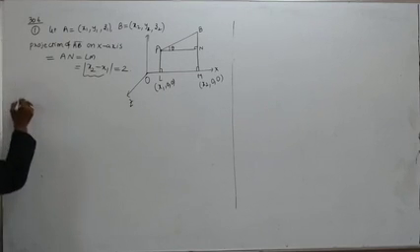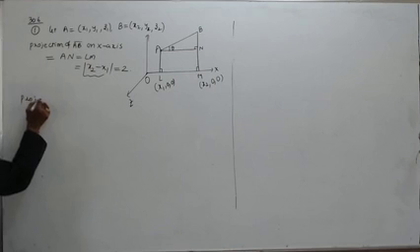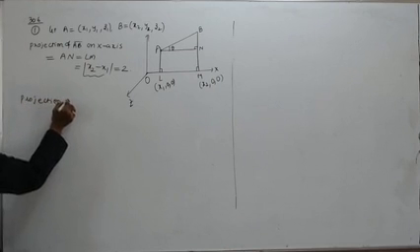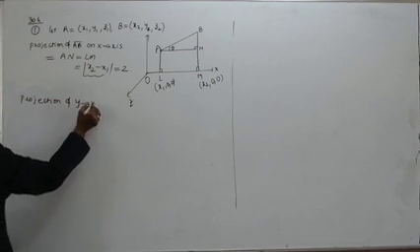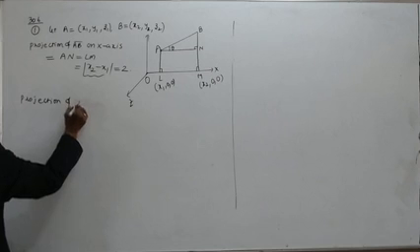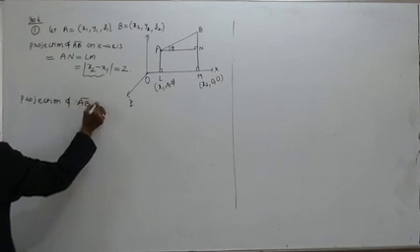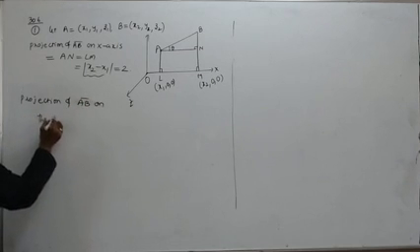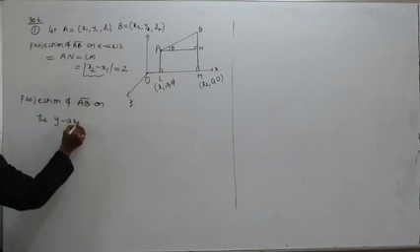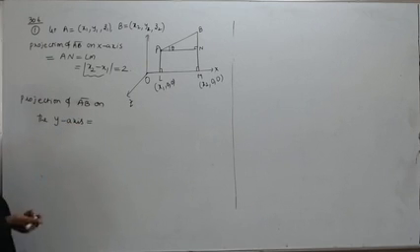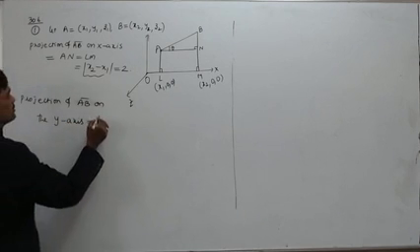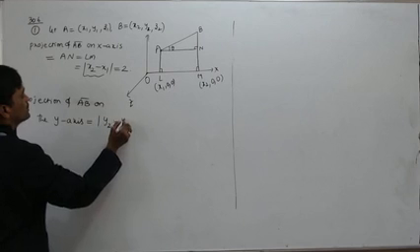Similarly, projection of AB segment on the y-axis. So on x-axis, what you got? Modulus of x2 minus x1. So on y-axis, what will you get? Modulus of y2 minus y1.